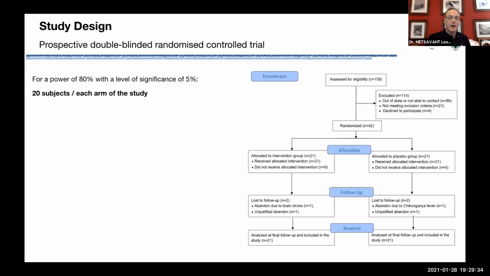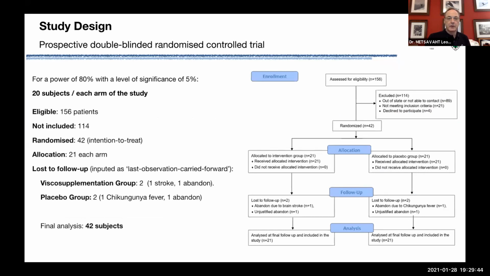To have a power of 80% with a level of significance of 5%, we needed 20 subjects in each arm of the study. So we had 156 patients.